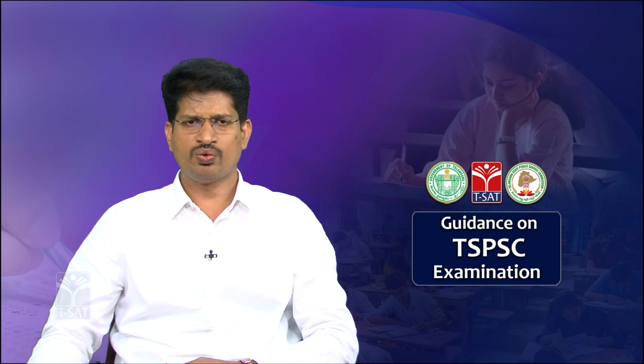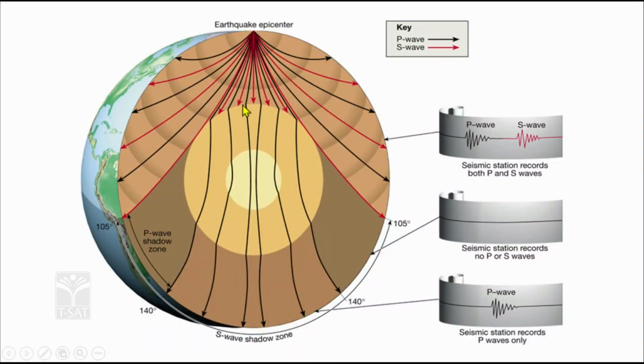When we have passed these different waves through the layers of the interior of the earth, certain waves known as P waves are able to pass through all the layers, whereas S waves are not able to pass through the core.